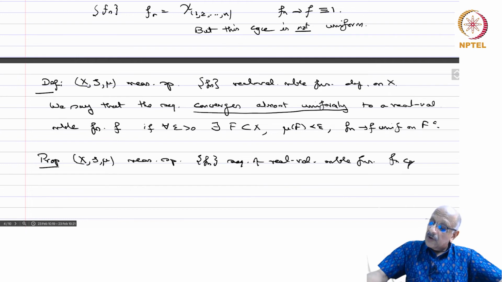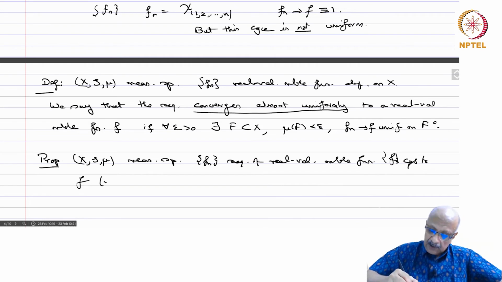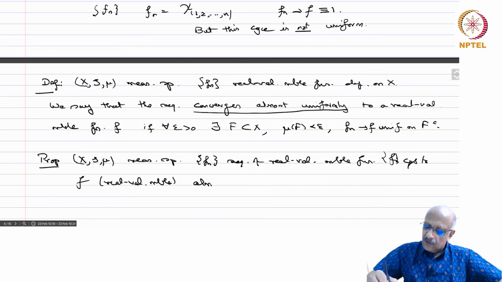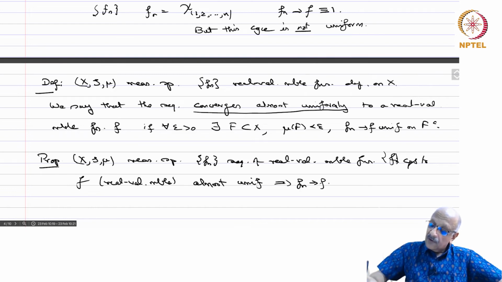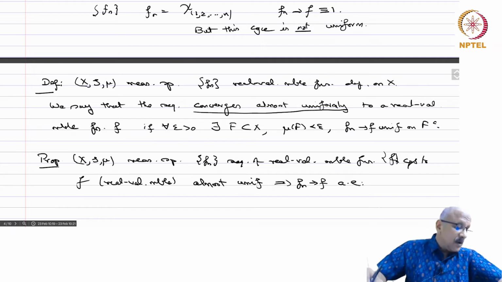If fn converges to f, a real valued measurable function, almost uniformly, then fn converges to f almost everywhere.